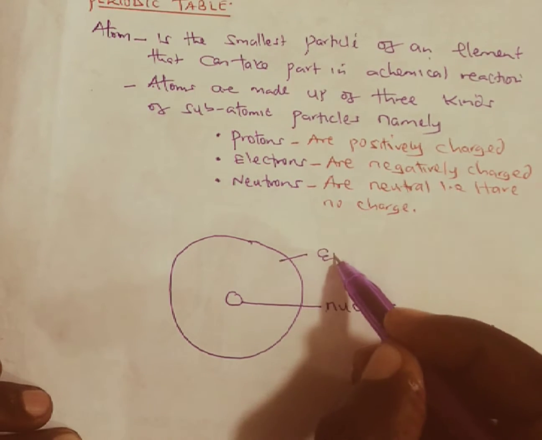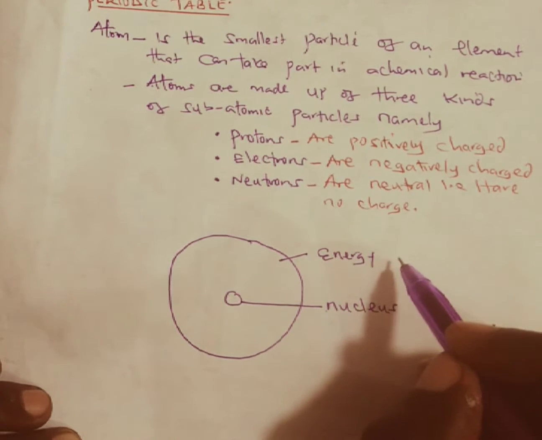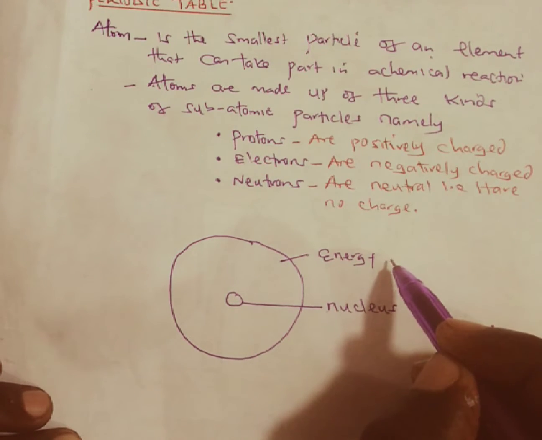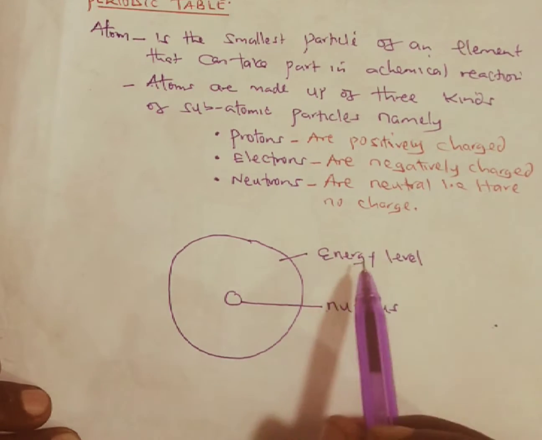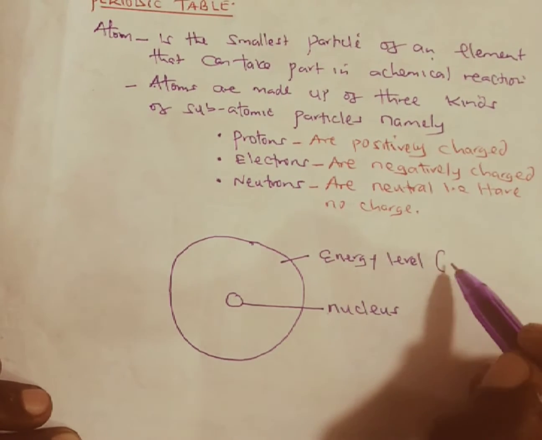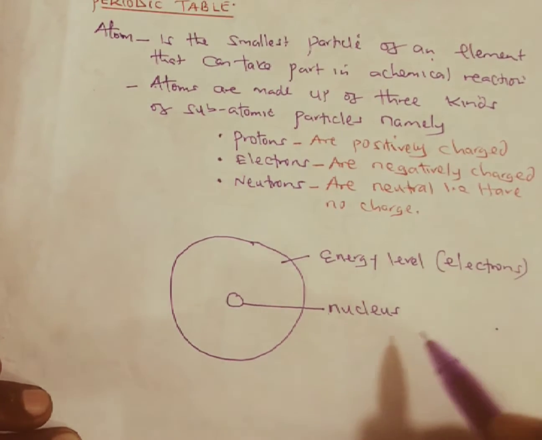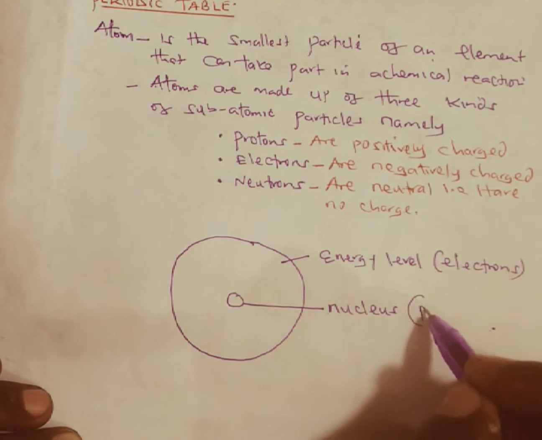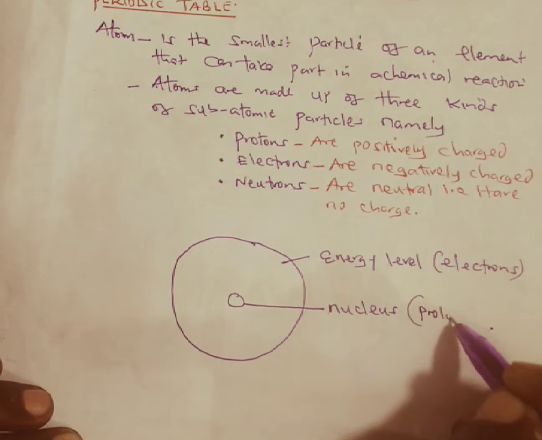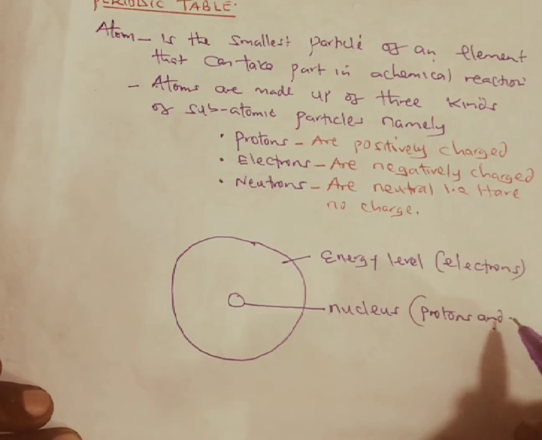We call it the energy level region, and this region is occupied by electrons, while the central part, called the nucleus, is occupied by protons and neutrons.